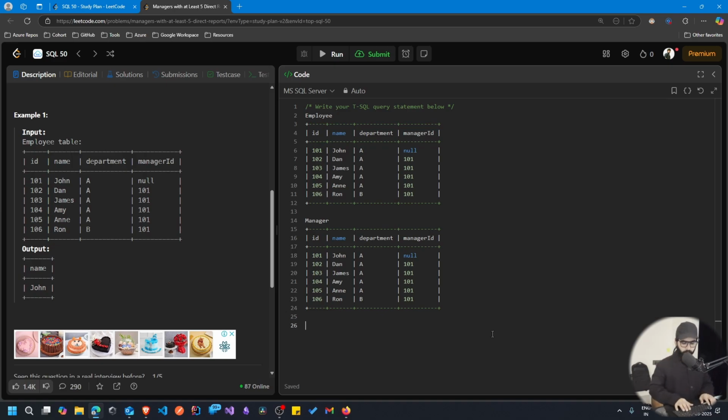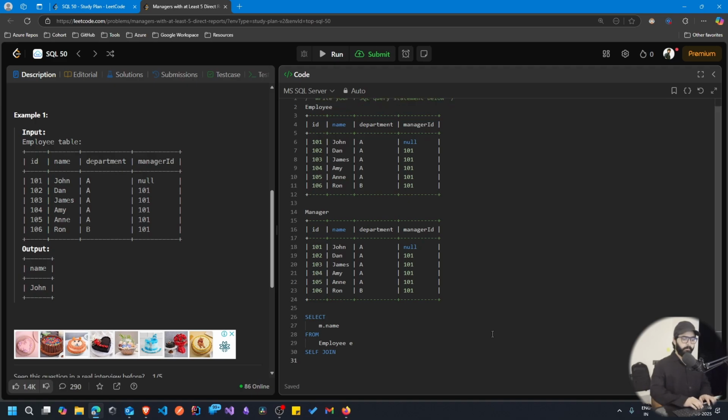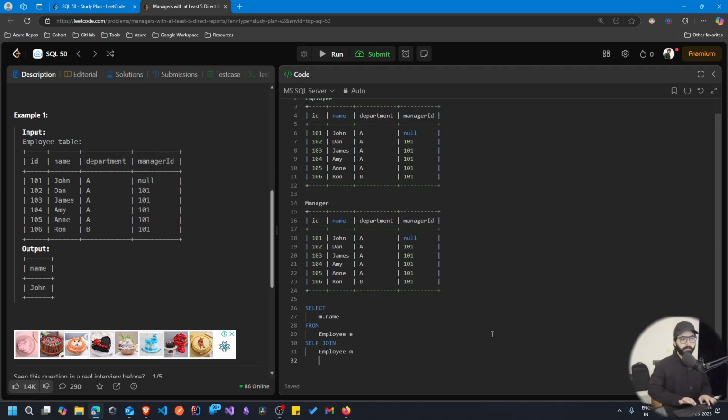So we will simply write m dot name, because we have to select the manager name, from employee. Because we have only one schema, we can use a self join, and we can give it the name employee to manager.